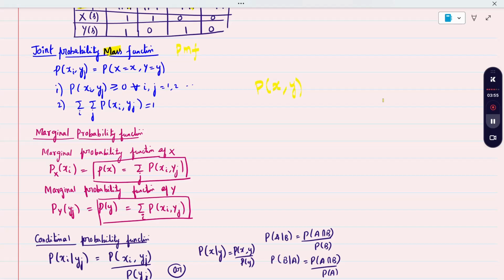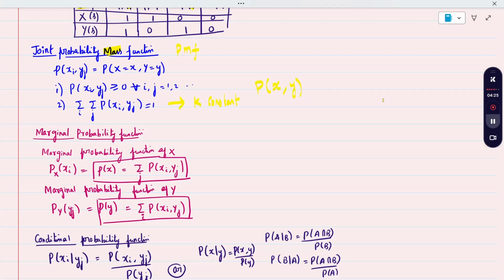Probability of (xi, yj) is greater than or equal to 0 for all i and j equal to 1, 2, 3, etc. The double summation over i and j of probability of (xi, yj) equals 1. We use this for calculating k or any constant. To find the constant we will be using this formula: the double summation of probability of (xi, yj) equals 1.